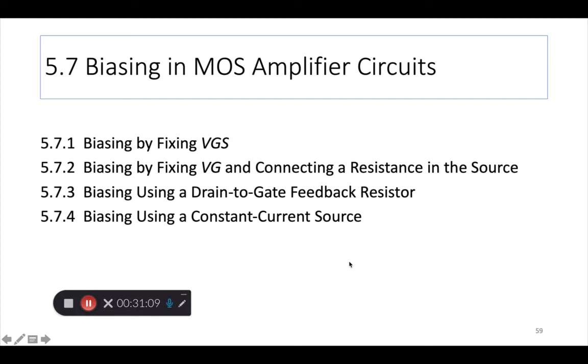Just as we have seen for BJTs, biasing in MOSFETs also follows similar logic. The goal is to find a proper Q point that helps us implement the amplifier without causing it to run into the non-linear portions of the input-output voltage curve.